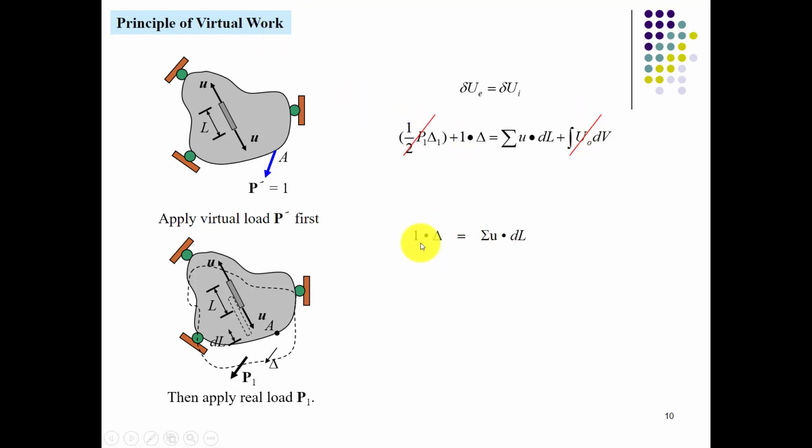So the whole equation comes out as 1 into delta equals sigma u into delta L. Here 1 is the virtual loading which was applied upon the structural element, u is the virtual loading effect, delta is the real-time displacement, and delta L is the internal displacement.